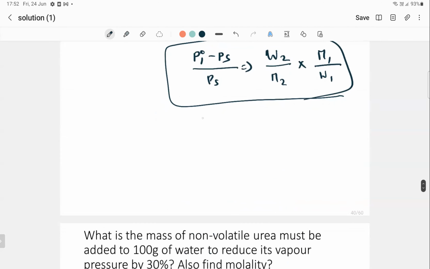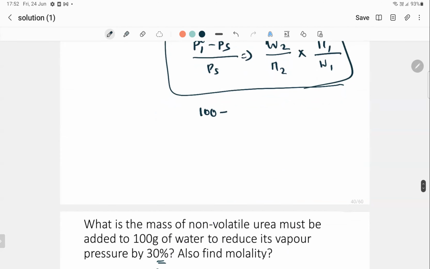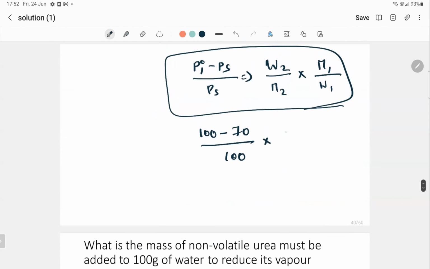So P1 naught is 100 minus PS is 70, divided by 70. On the other side, given mass we have to calculate, molar mass is 60, into 1800. We have done this. Check this one. You got 4.2.